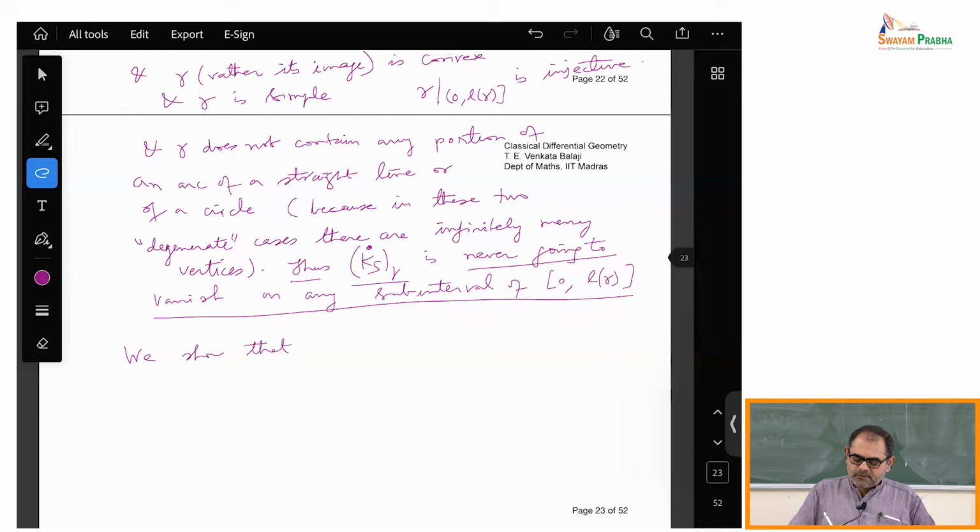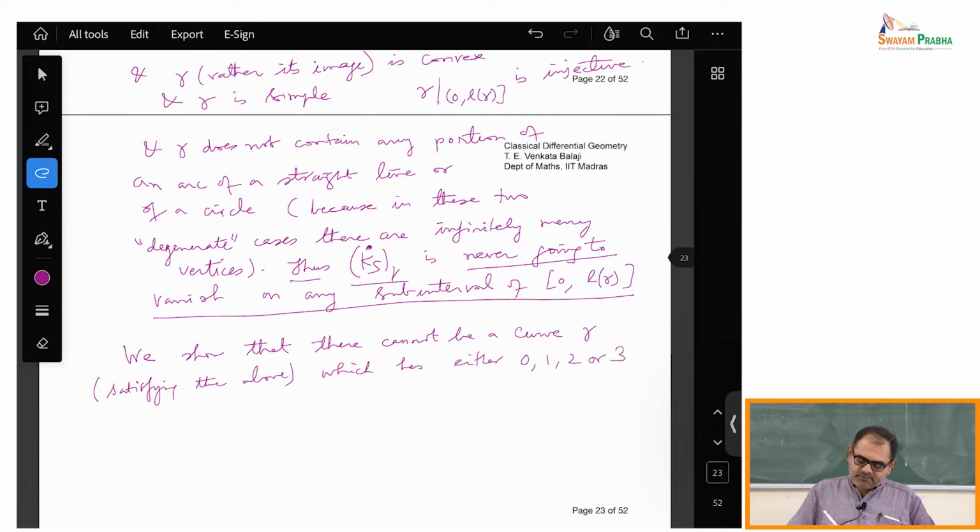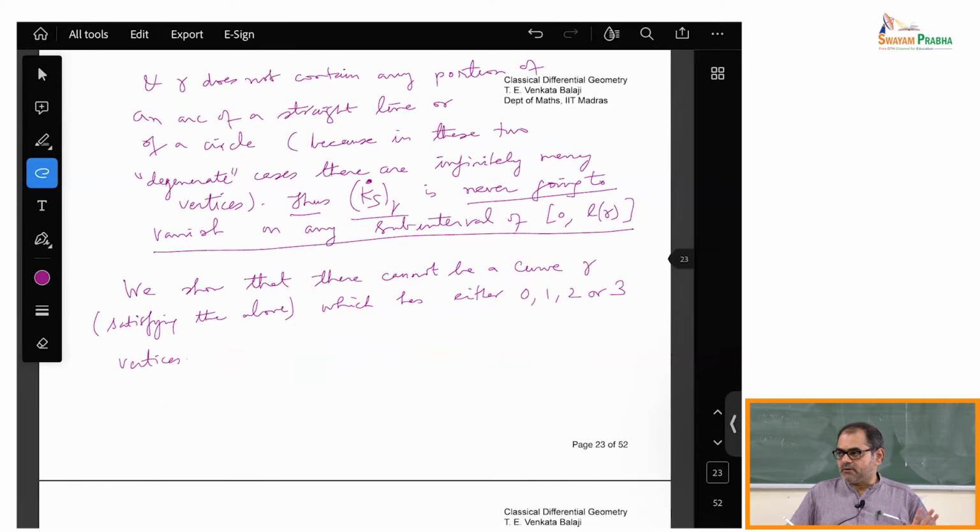We show that there cannot be a situation, a curve gamma, of course satisfying the above, which has either 0, 1, 2 or 3 vertices. So you have to contradict all the cases, right?